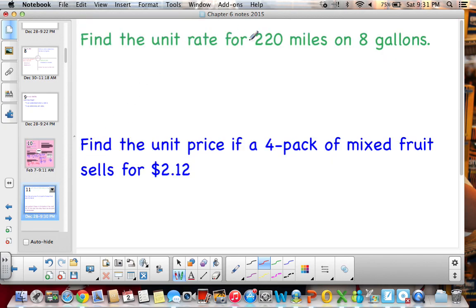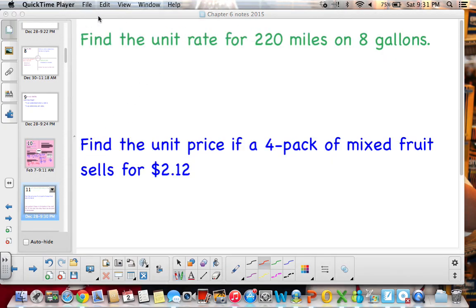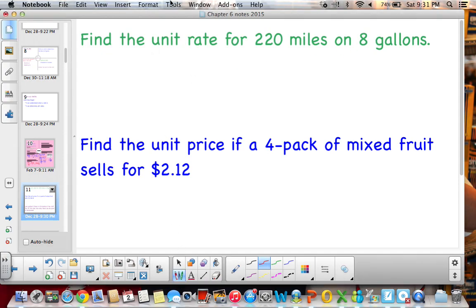Alright, find the unit rate for 220 miles on 8 gallons. So if I'm driving 220 miles and I used 8 gallons, I want to know how many miles per gallon. So it's going to be 220 miles.